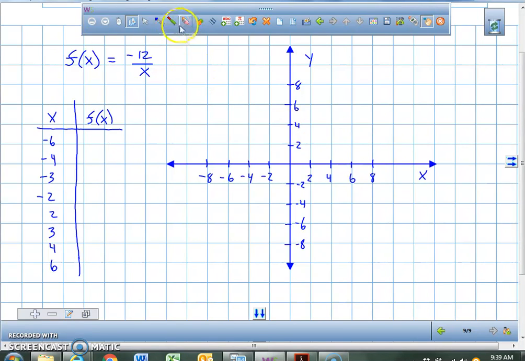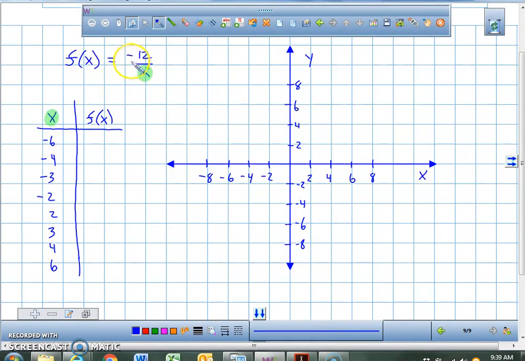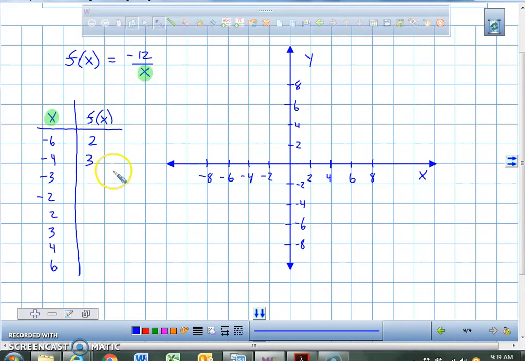So when I'm plugging in my x values, if I said, what is negative 12 divided by negative 6, that would be a positive 2. What's negative 12 divided by negative 4? Positive 3. Okay, so I want you guys to fill this table out with me. So we're going to have a positive 4, positive 6, and all of a sudden, we'll notice some of our answers are going to be negative.